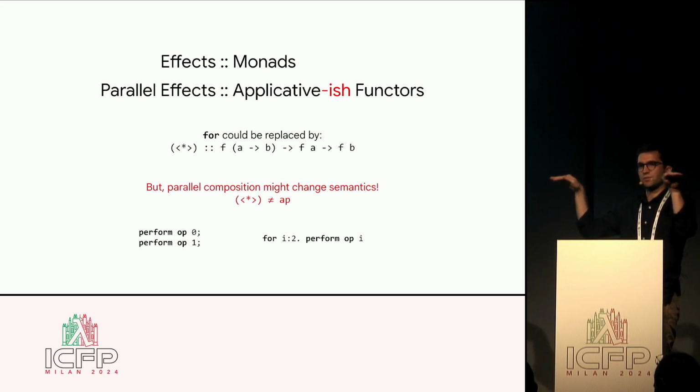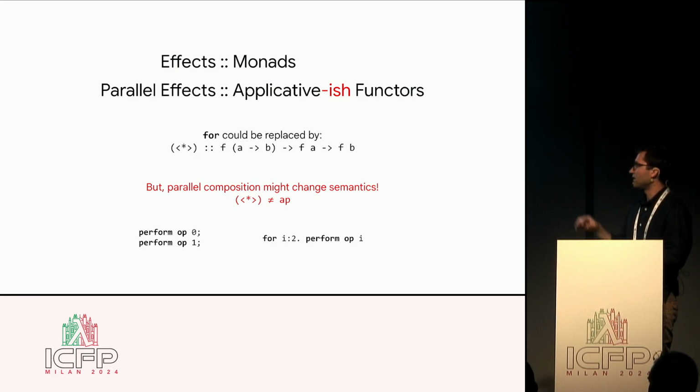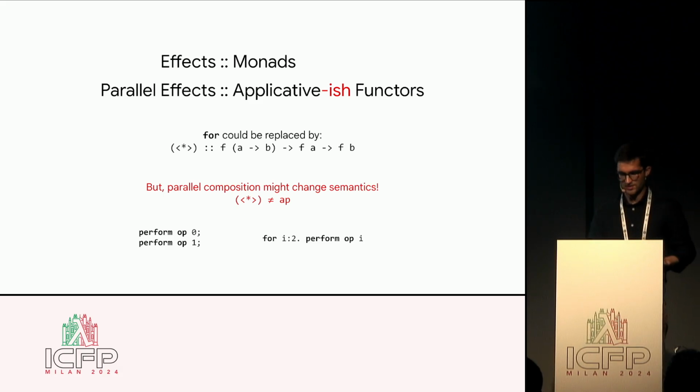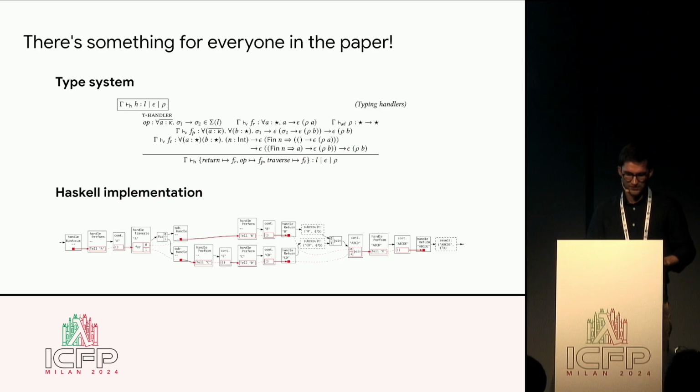But usually, if you compose 2 programs with an applicative connective, and the applicative is a monad, then those 2 things should generally be equivalent. So there are some similarities, and in fact, for some effects, like accumulation, you could make this work. But in the case of the exception effect, this does not always hold. So you have to be a little careful. I would be curious if this can be resolved somehow.